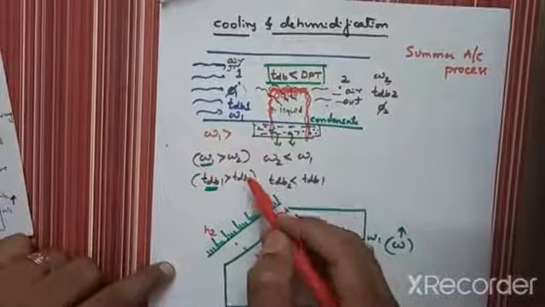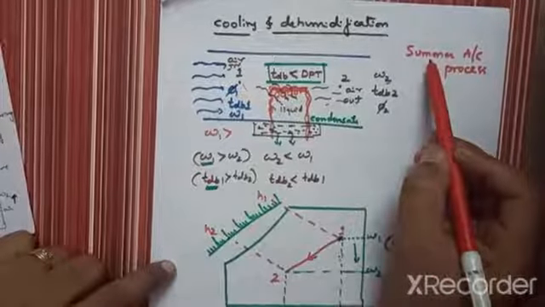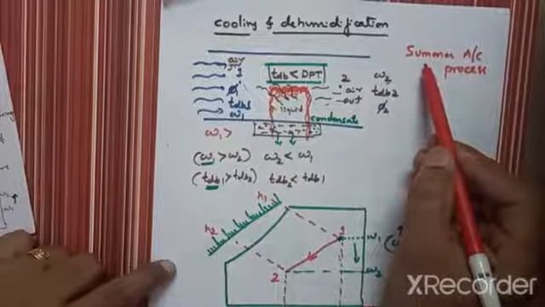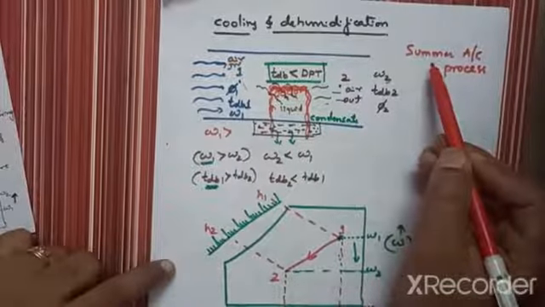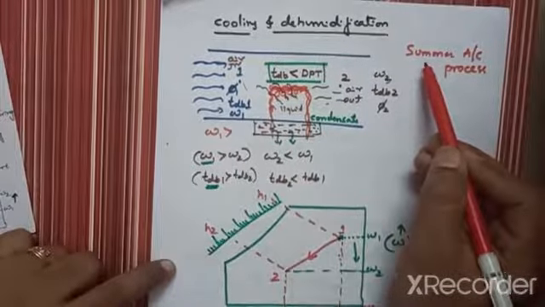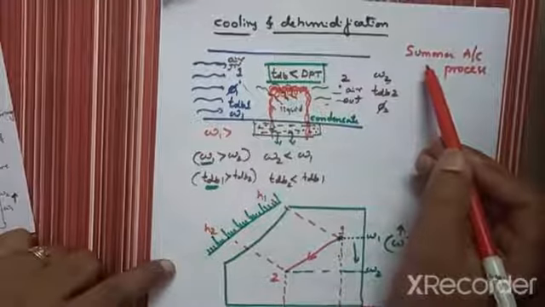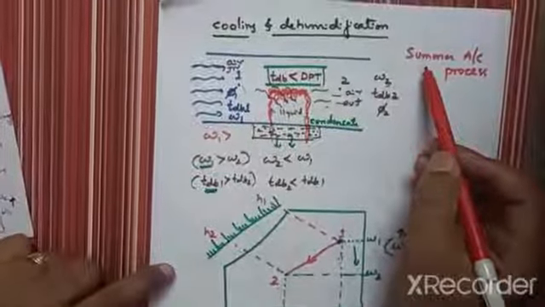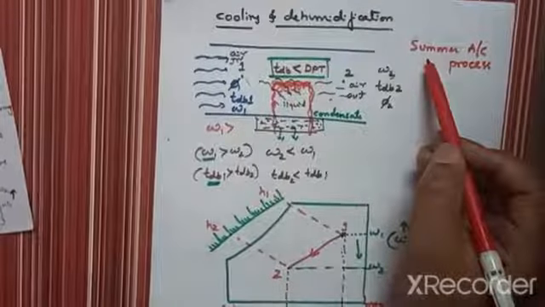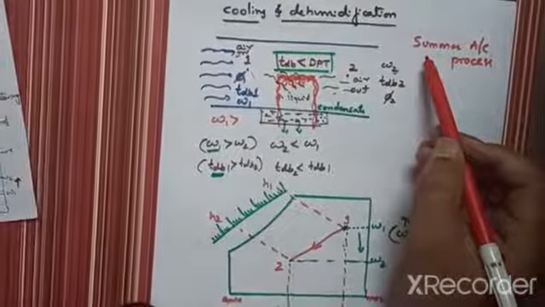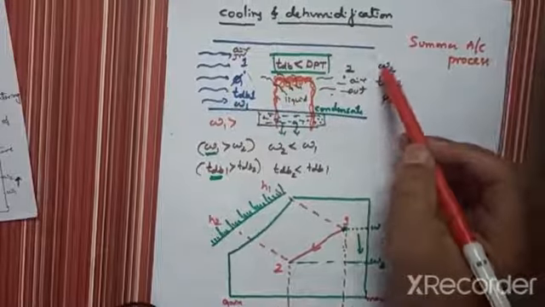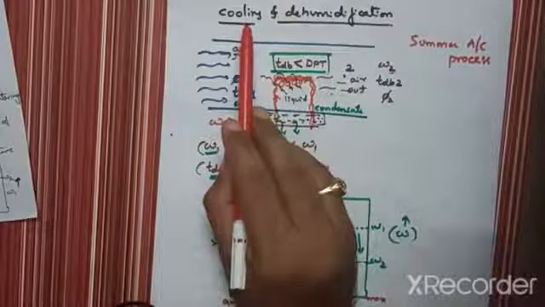Summer air conditioning process, because in the summer the temperature of the atmospheric air is more. At a high temperature, for example 40 or 45 degrees Celsius, we will feel uncomfortable, we cannot do our work properly. So the surrounding temperature should be 25 to 27 degrees Celsius on average. To reduce the temperature from 45 to 25, cooling is necessary.